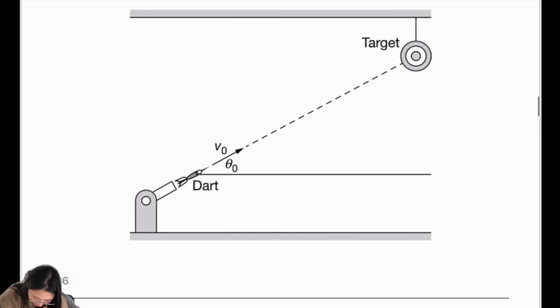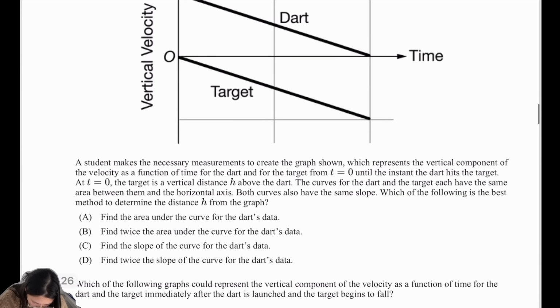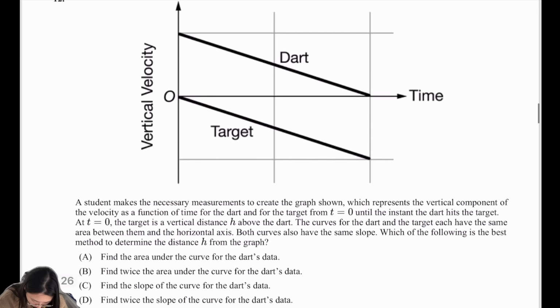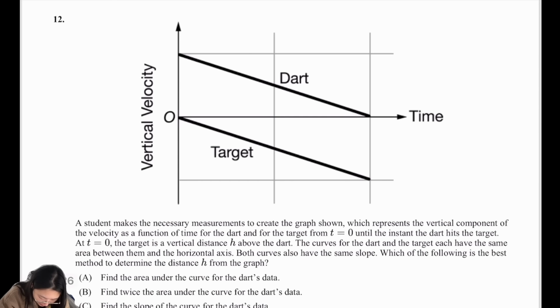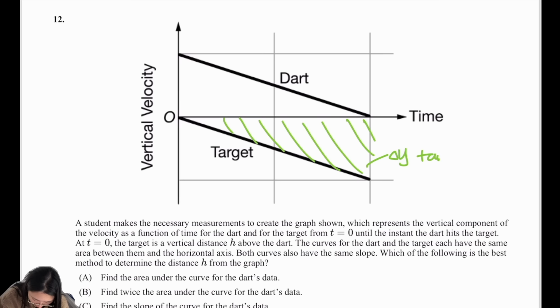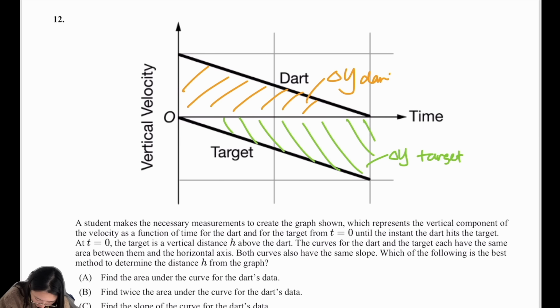Okay, so h is the vertical distance between the target and the dart. And as for the vertical velocity, this area represents the vertical displacement, delta y, of the target when it has hit the dart. And this area represents the delta y for the dart when it hits the target.